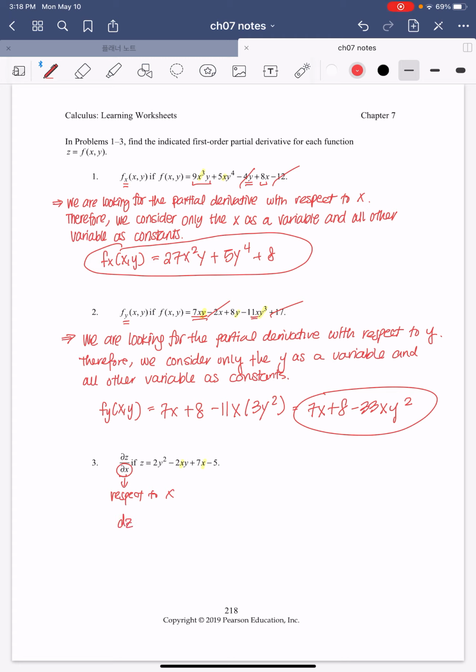So dz dx will be the first term. Y is a constant, so the whole thing disappears. This part, derivative of x is 1, so negative 2y. Derivative of 7x, derivative of x is 1, so plus 7. The constant disappears. So dz dx is equal to negative 2y plus 7. Okay.